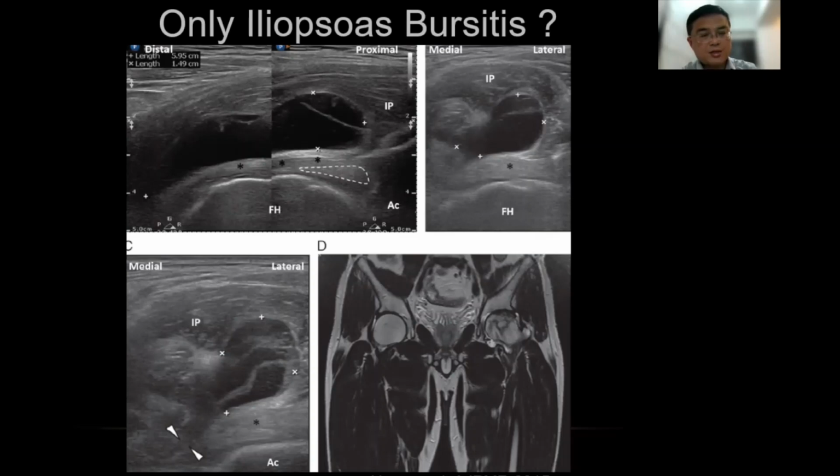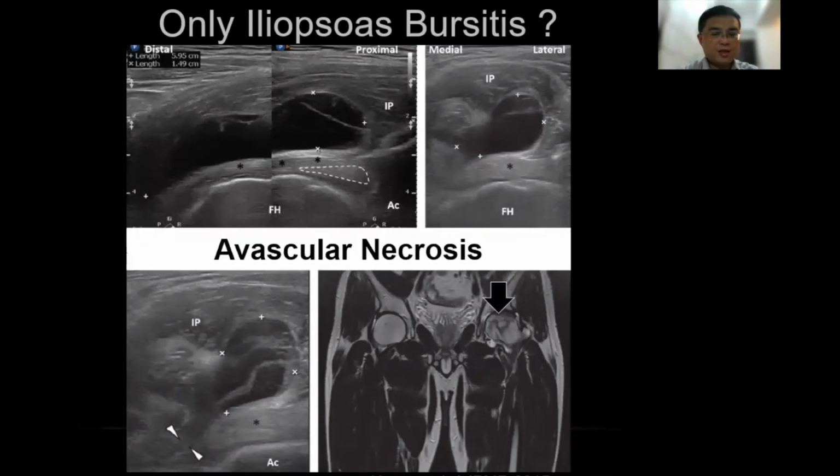So you have to consider what is the cause of the effusion inside the bursa. So the reason why the patient had such a great amount of effusion is because the patient had avascular necrosis of the hip. So in many cases, the iliopsoas bursa has a connection with the hip joint.